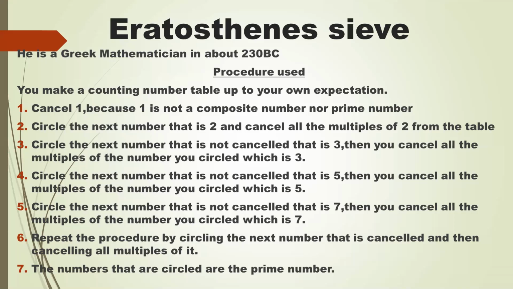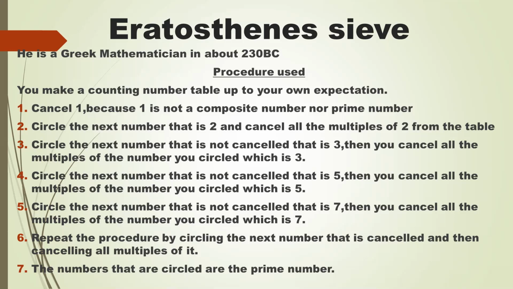Now let's see another way that we can use to identify prime numbers. There was a Greek mathematician around 230 BC, before Christ, who used a sieve to pick out prime numbers from any counting numbers you want.